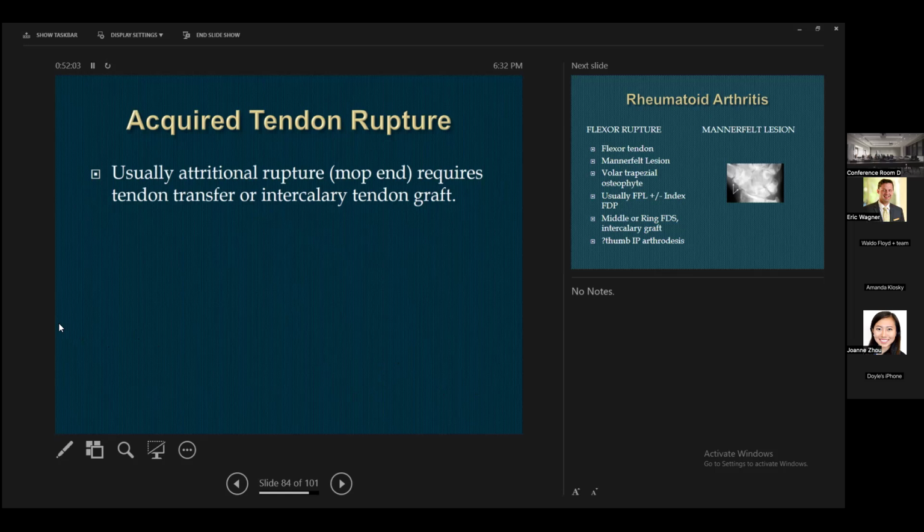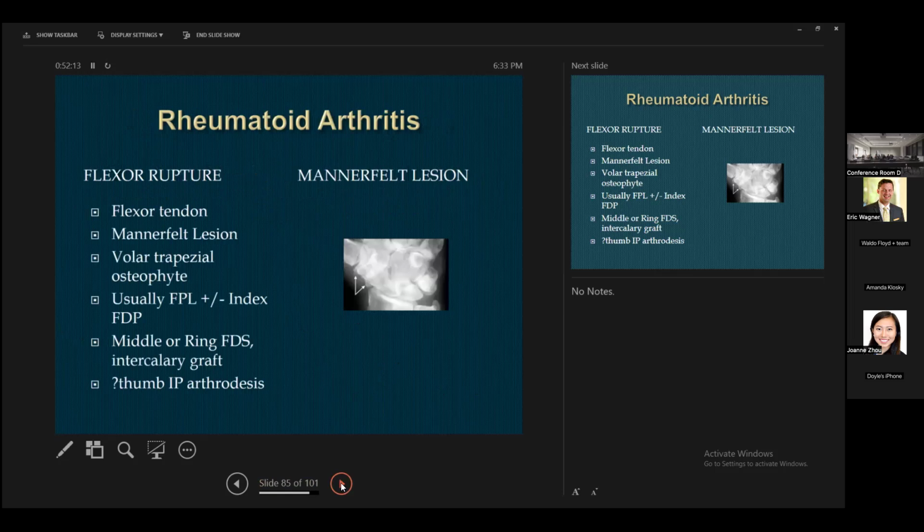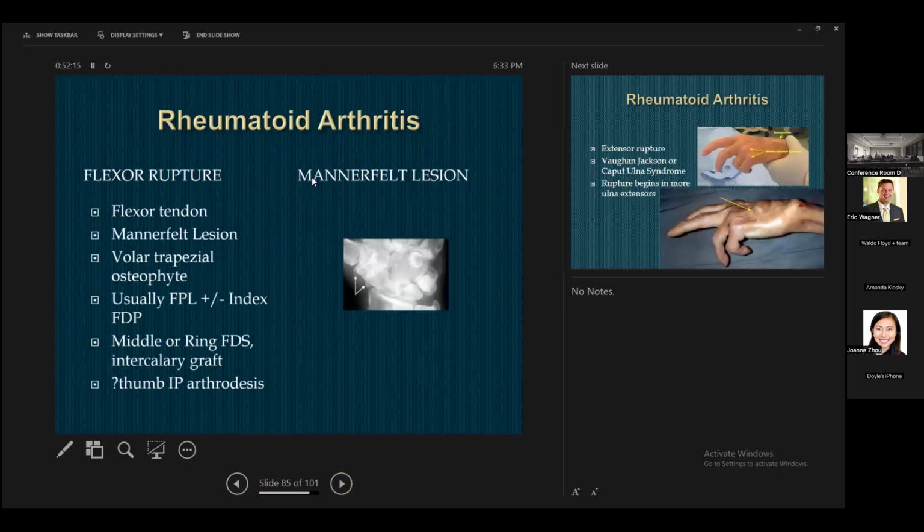Okay, acquired tendon ruptures are usually attritional with mop ends requiring tendon transfer or intercalary tendon grafts. Just rheumatoid. Y'all know about the Mannerfelt lesion. Tell me what the Mannerfelt lesion is.